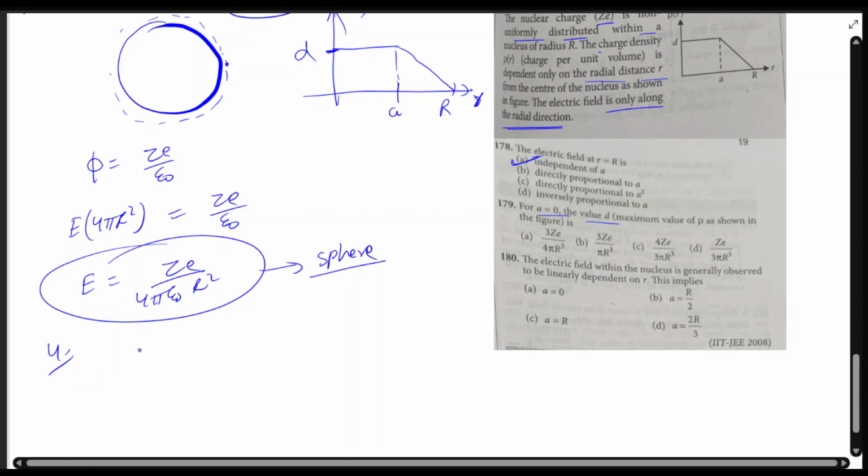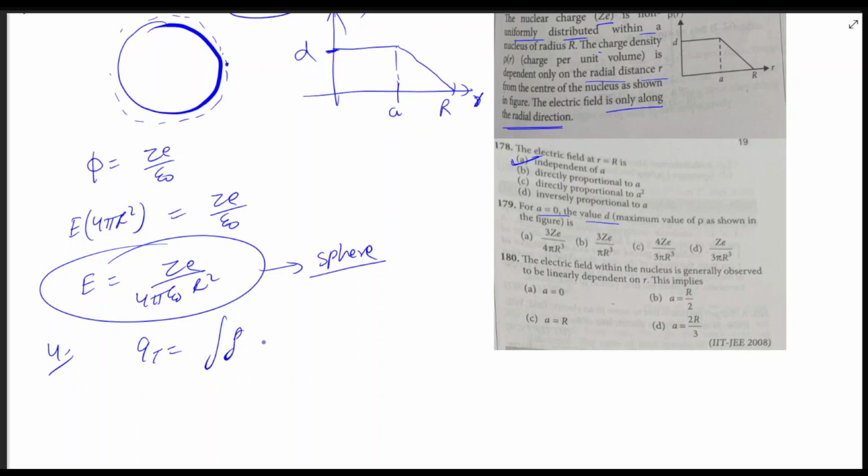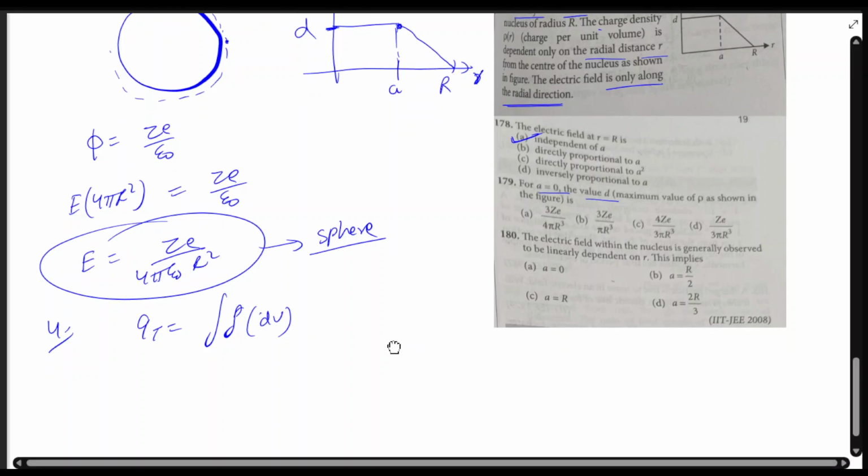So let's find the total charge, okay? Total charge will be the integration of rho into dV, right? Perfect. So can we find it from here? No, we have to integrate.